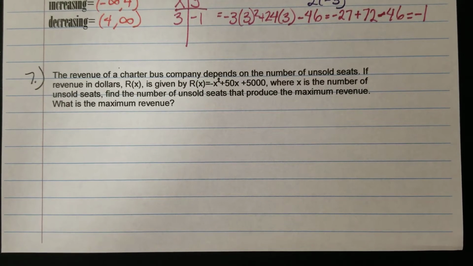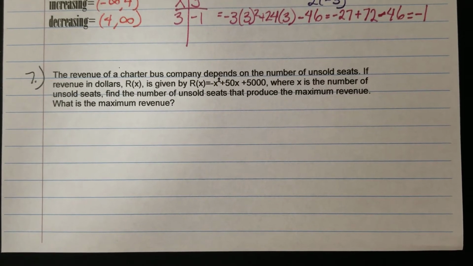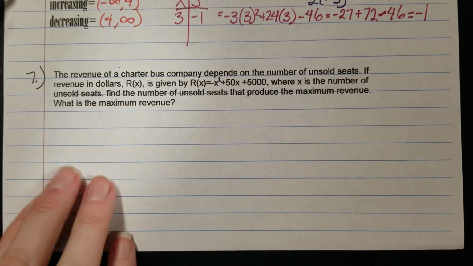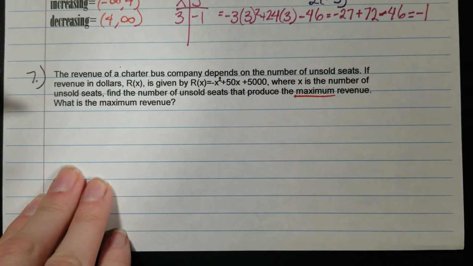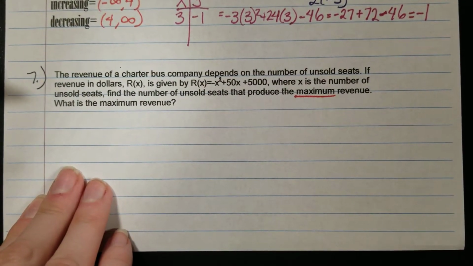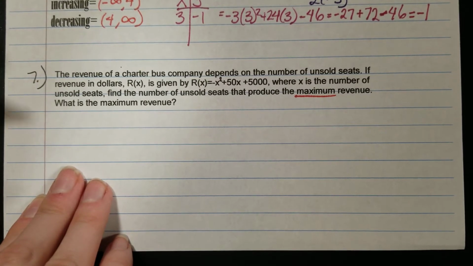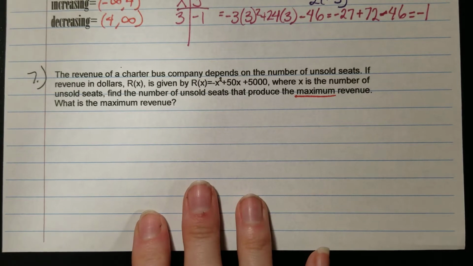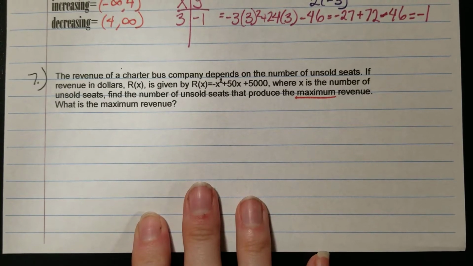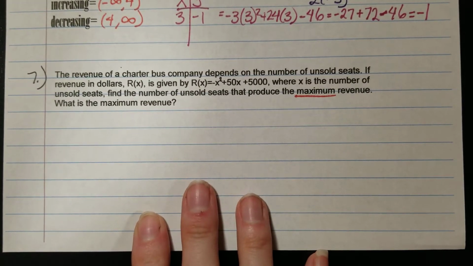So anytime you have a problem with a quadratic, and it's asking you about a maximum or a minimum, that means it's asking you about the vertex. Okay, so we need to find the vertex of this parabola.